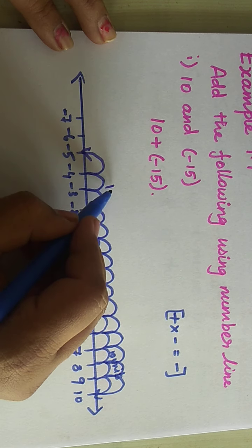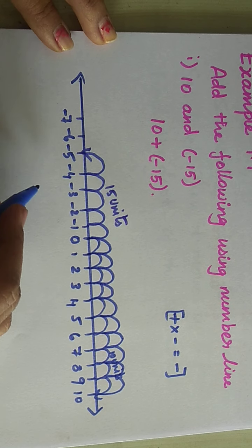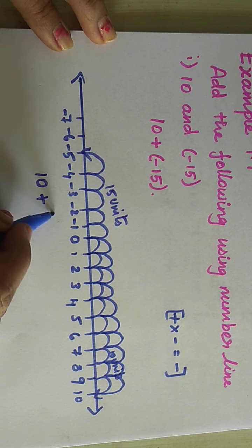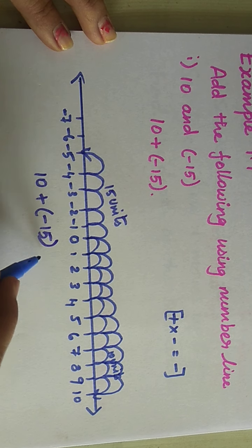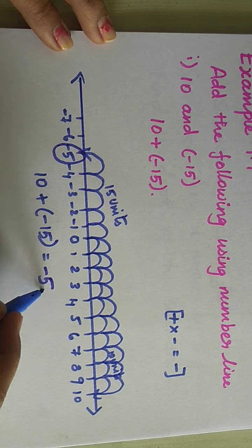Now you will stand here. So 15 units. Now the answer of 10 plus minus 15 is equal to what? You will stand at minus 5.